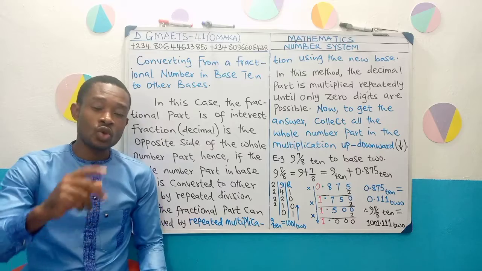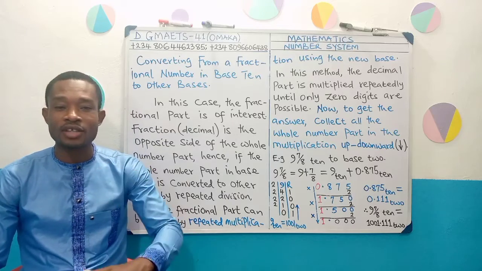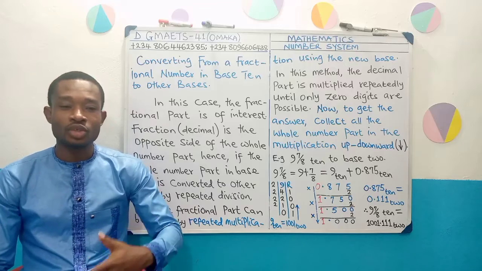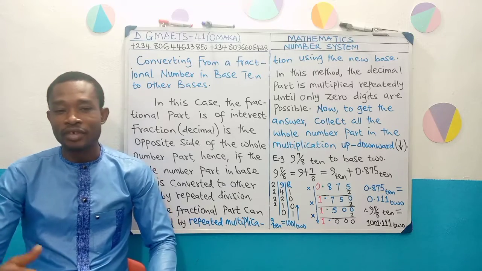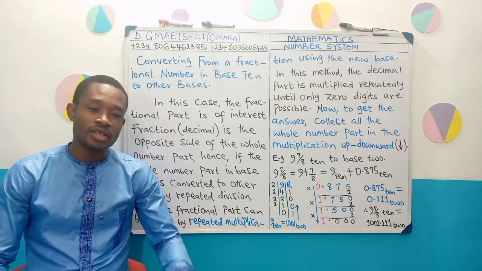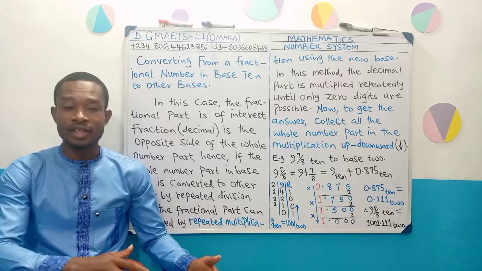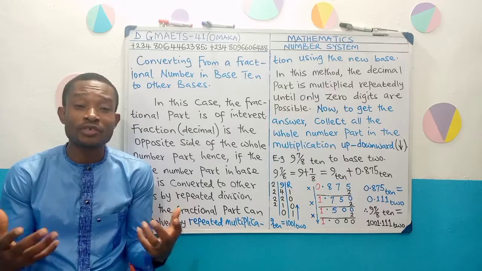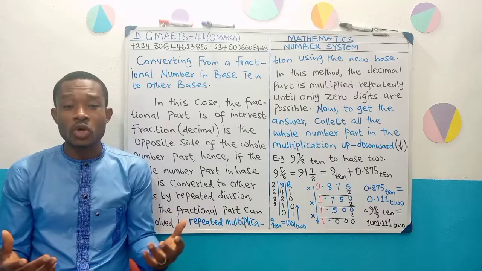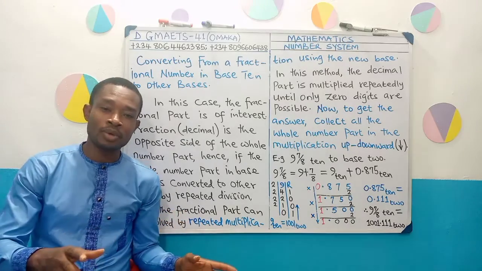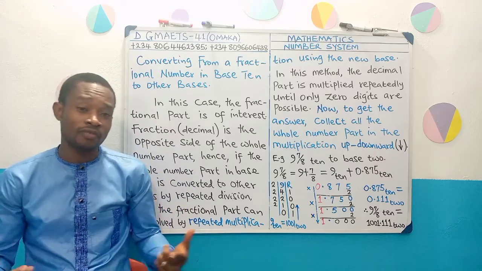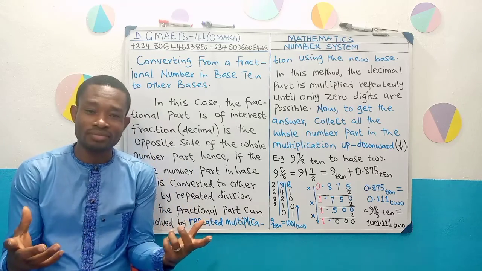If you're given 2/3 base 10 to convert to base 3, just imagine you are given 0.75 to convert from base 10 to base 2, for example. How do you solve such a problem? Because of course, it does not follow that of the whole number pattern, where you are going to use the new base to divide all through. It doesn't follow that pattern generally.